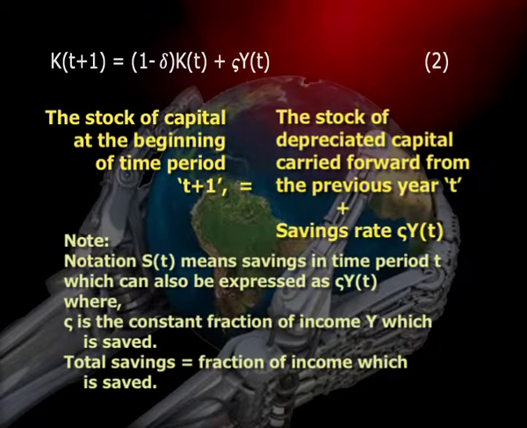We must note here that notation St means savings in time period t, which can also be expressed as sigma Yt, where sigma is the constant fraction of income Y which is saved. Total savings is equal to fraction of income which is saved.